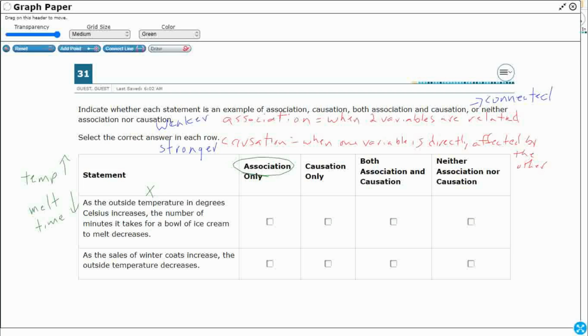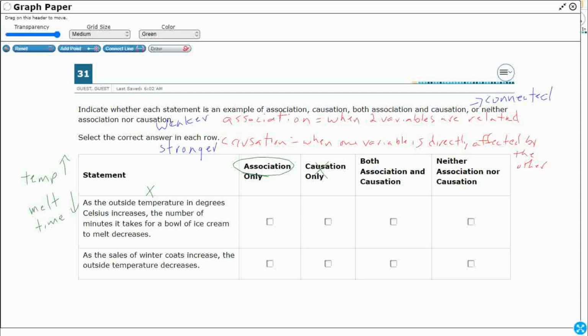Now, we have an association, and here's the thing: when you have a causation, you automatically have an association. So you're not going to find just a causation only. That's not a good answer choice. If it's causation, it's going to be an association as well. But whether it's both, we'll see. So can you say that the temperature increasing causes the melt time to go down?